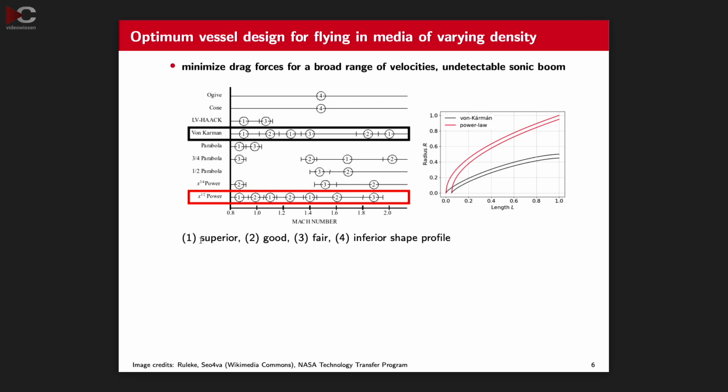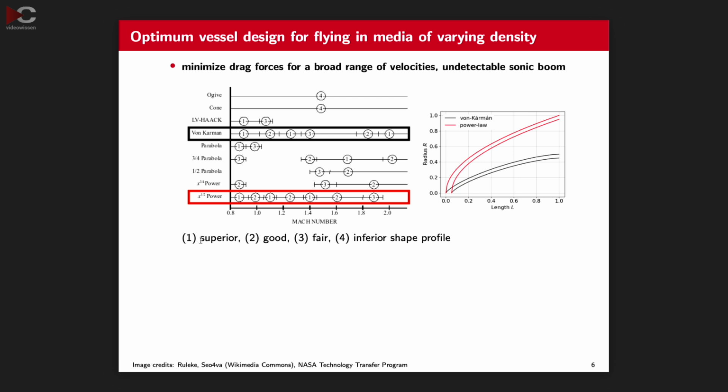As you can see here, a simple cone as a shape to minimize drag forces is actually an inferior profile because it is hard to navigate through all these different velocities. But we find here that we have 2 profiles which actually are superior or even good in order to minimize the drag forces for this velocity range that we are considering here.